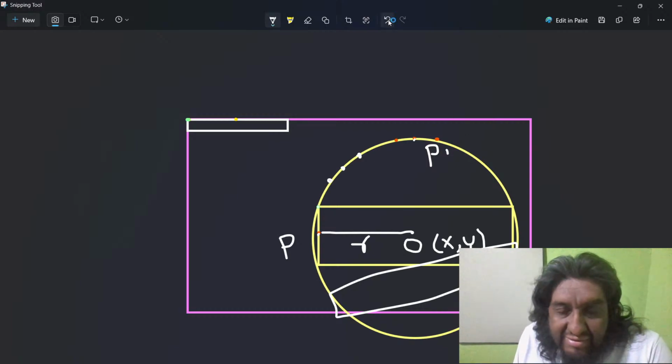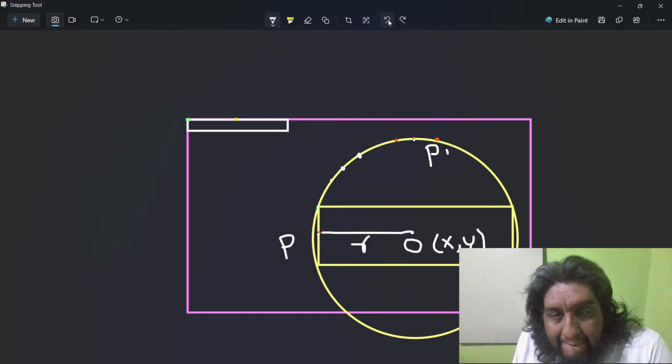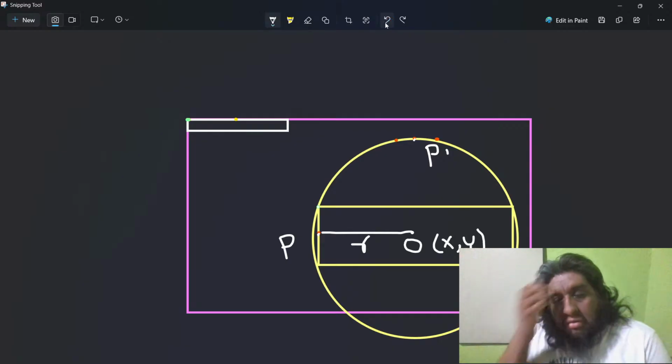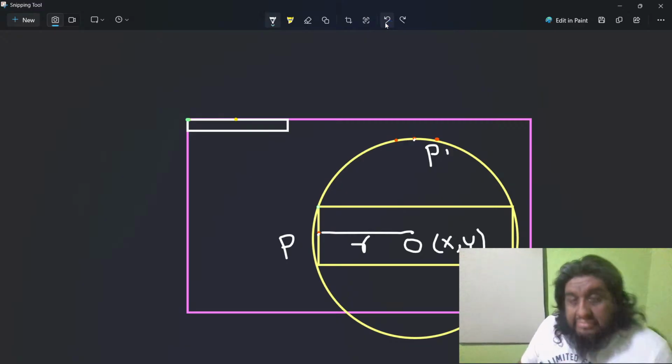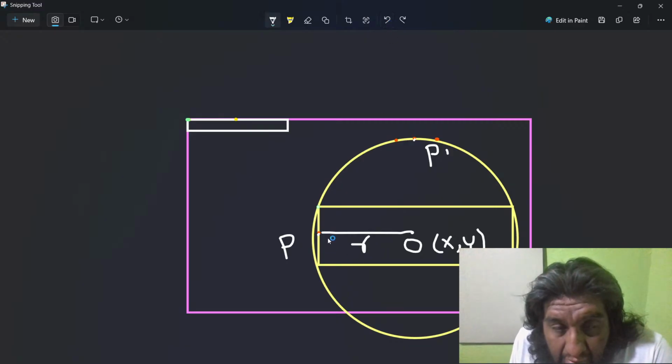So that's not going to work. In fact, we need this point. I don't think that's quite straightforward. But we can adapt, maybe. Maybe we can.